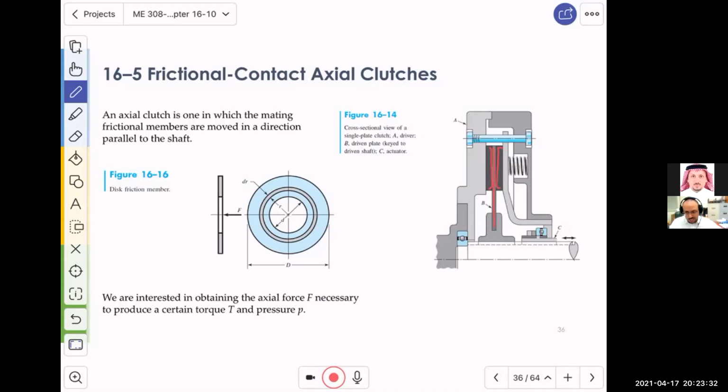In the coming slides we are not going to talk about pressure in general. We are going to talk about pa, the maximum pressure that the frictional material can withstand. So what you are going to see next is a formulation of the force that we need in order to reach that pressure, and the associated torque for that.